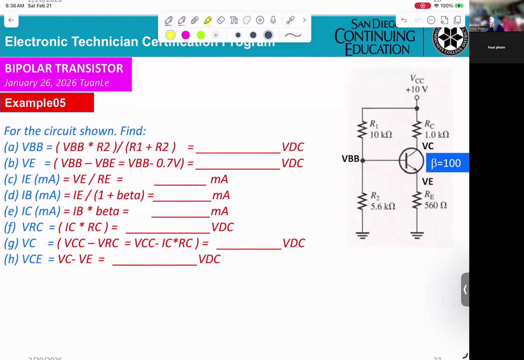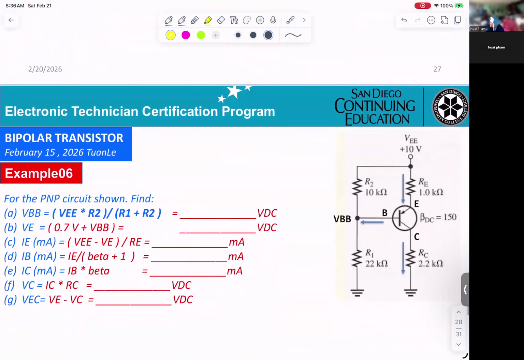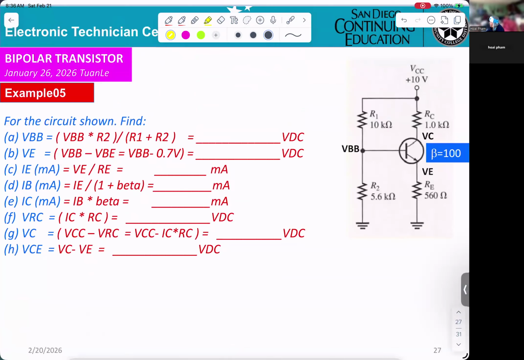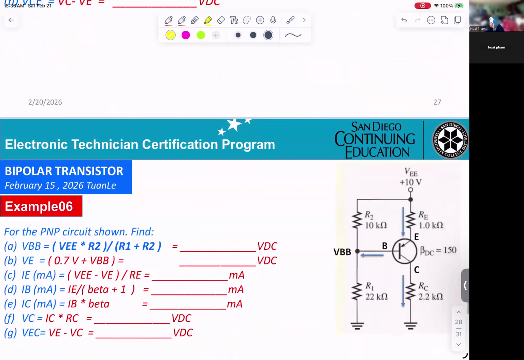Example 5. Okay, example 6. Now, they want you to deal with PNP.